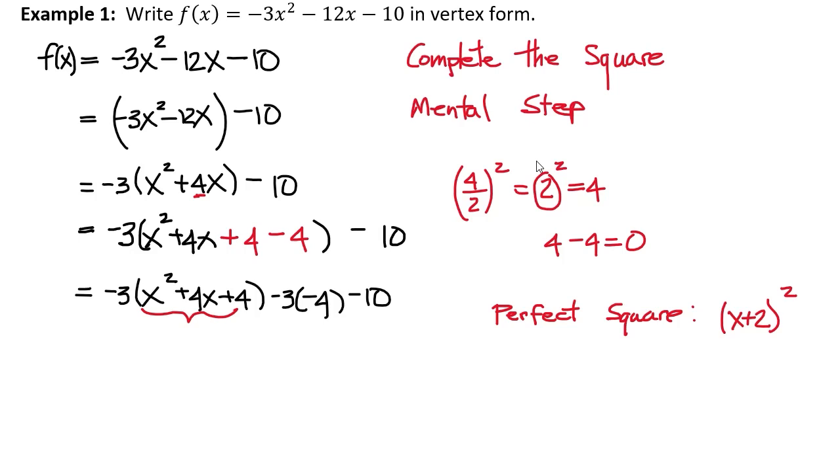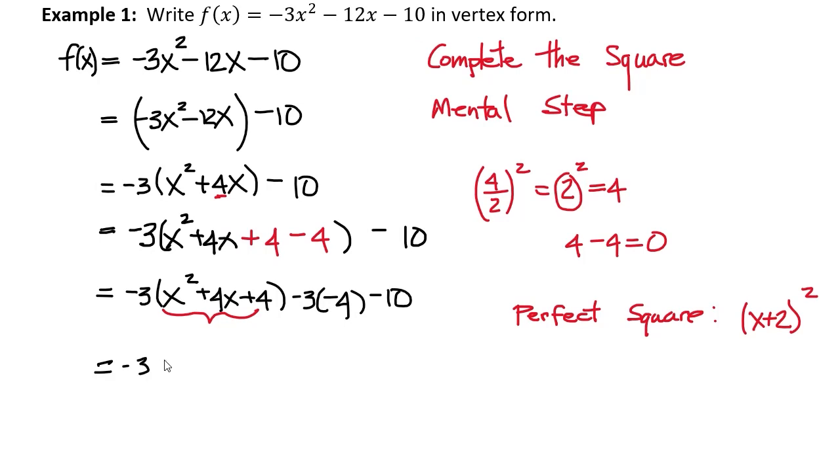This 2 here. So that means that is negative 3, here's my perfect square, (x plus 2) all squared, plus 12 minus 10. So that's going to be negative 3 times (x plus 2) squared plus 2.